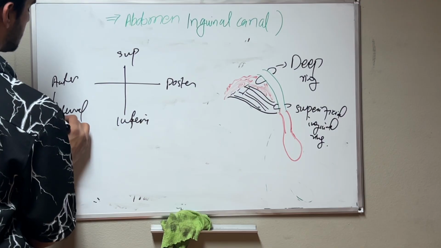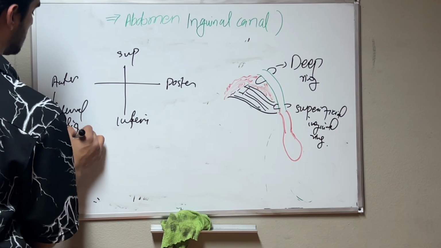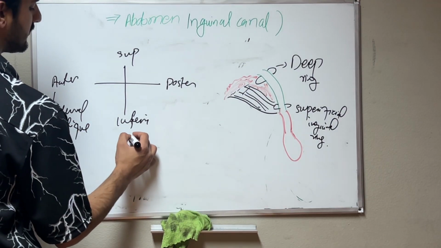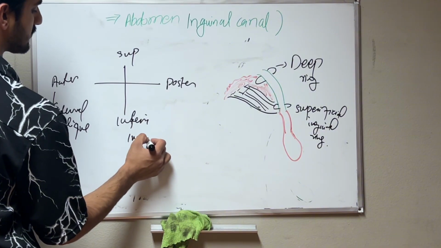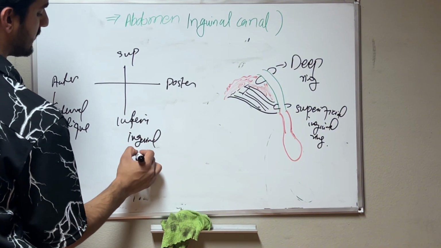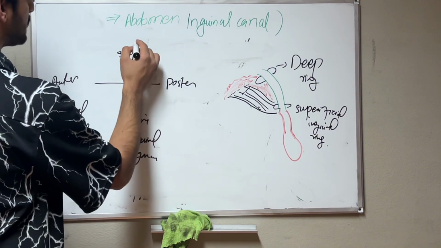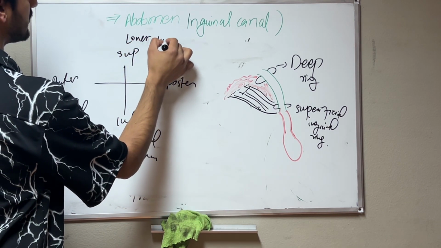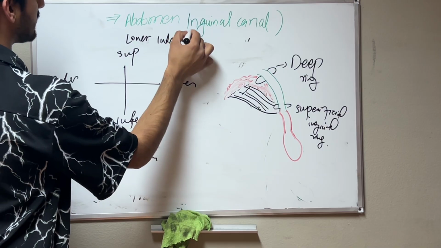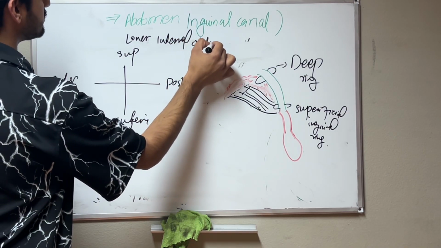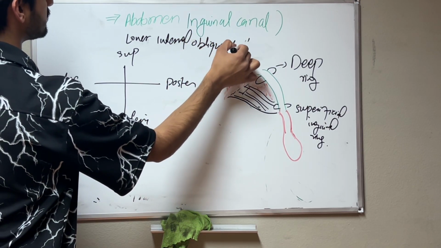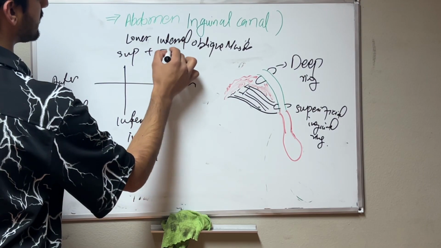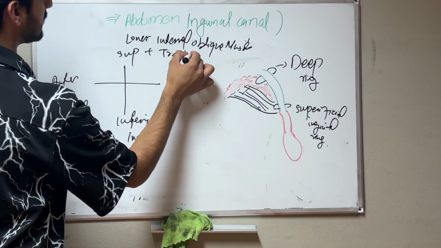In the inferior wall, what do we have? The inguinal ligament. In the superior wall we have the lower border of what? The internal oblique muscle plus the transverse abdominal muscle.